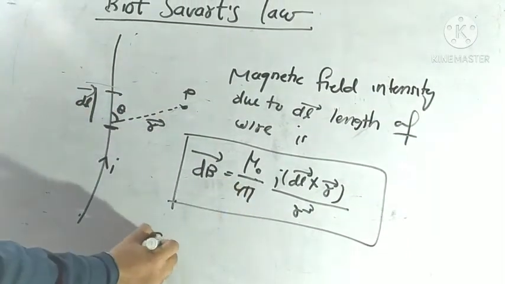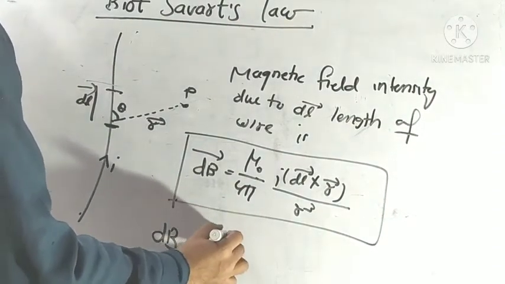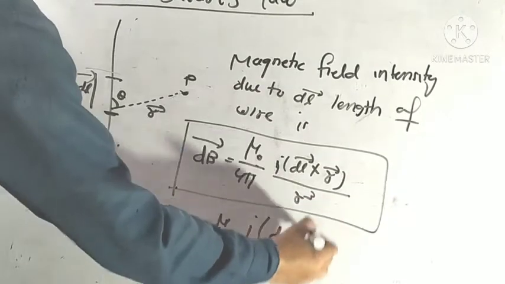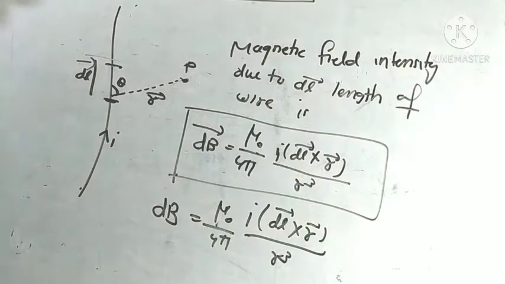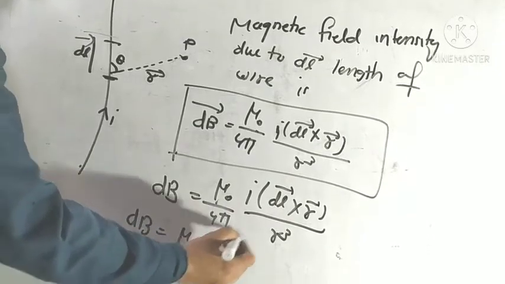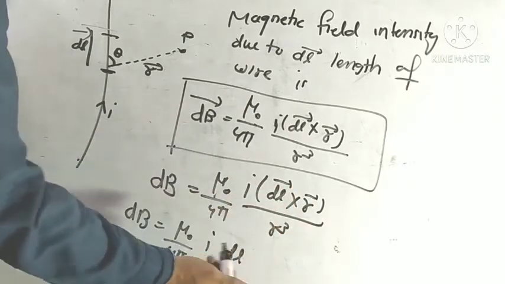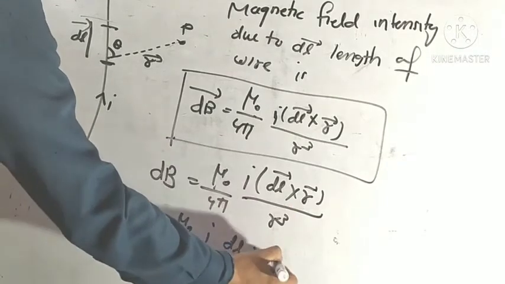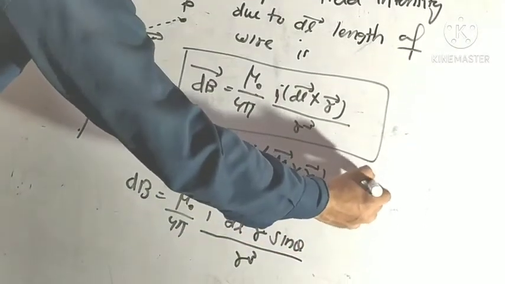Now we take the scalar form. dB is equal to mu naught upon 4 pi, where I represents the current, dl cross r upon r cube. We already know the cross product of two vectors, but we take the magnitude value: dl, r and sine theta upon r cube, and the magnitude of the unit vector is 1, as you already know.